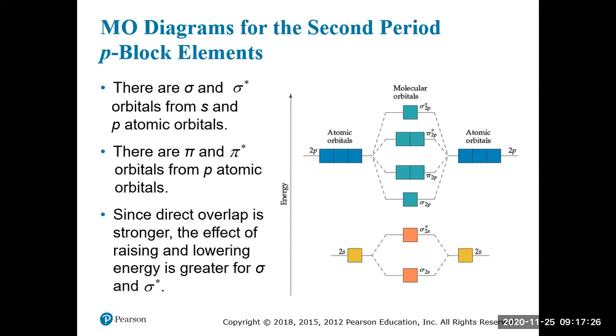Those pi orbitals are degenerate, so we draw them at the same energy level, and that's why we have the 2 boxes there next. Then we have the anti-bonding pi orbitals, and then finally the anti-bonding sigma orbitals.